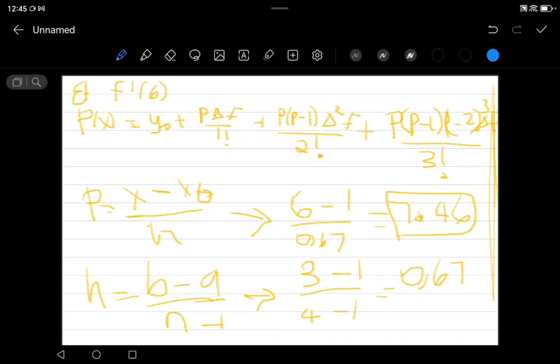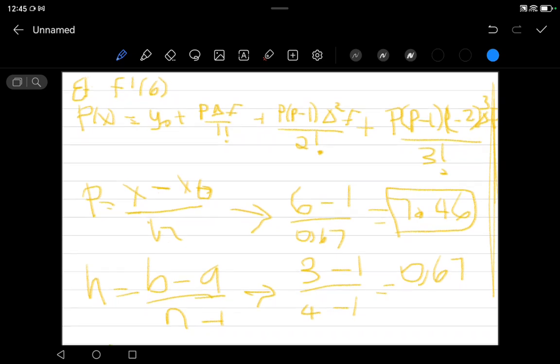Most of the time, you have to check if you have the value of x or not. If you don't, it's going to be x minus 1, so wherever there's p, you put x minus 1 over 0.6. Since we have the value of 6, we just substituted it.